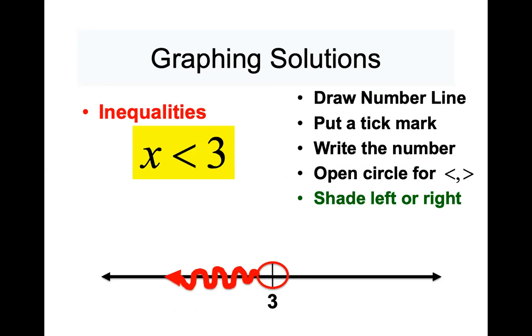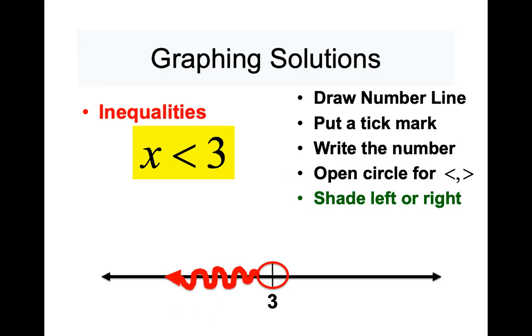Okay? You always read from variable to number. So in this one, I'm reading it from left to right. I mean, this could also have been written like this, right? Macy? Read this from right to left. Instead of x, you say the solutions.